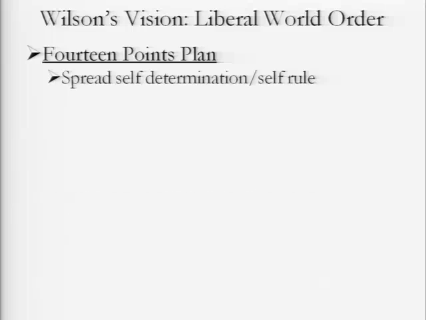That's what we want to think about. And I do think that Wilson, again, I tend to be hard on Wilson, but he is one of the true visionary presidents here. The big picture he definitely has in mind. So one of the points he makes is that he wants to spread self-determination, or implement policies of self-rule. Now, what this basically means is little d democratic elements in governments around the world, right?